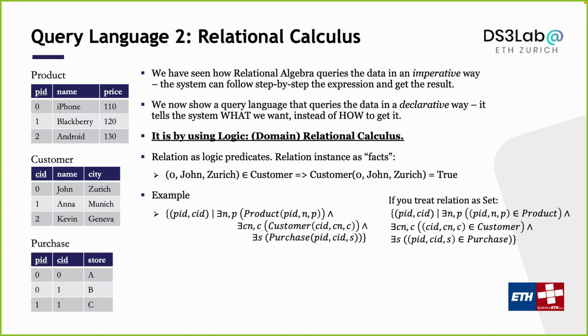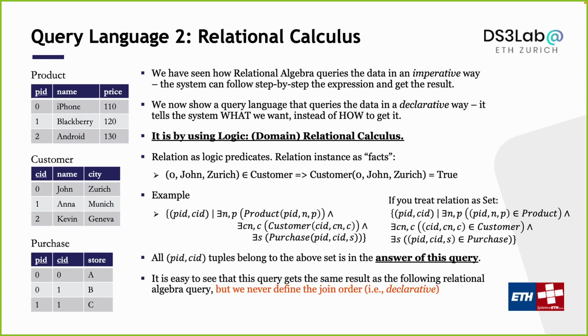If you look at this query, what is the result of this query, the answer of this query? Essentially, all the PID and CID tuples belonging to the above set are the answer. It's kind of easy to see that this query gives the same result as this relational algebra formula.